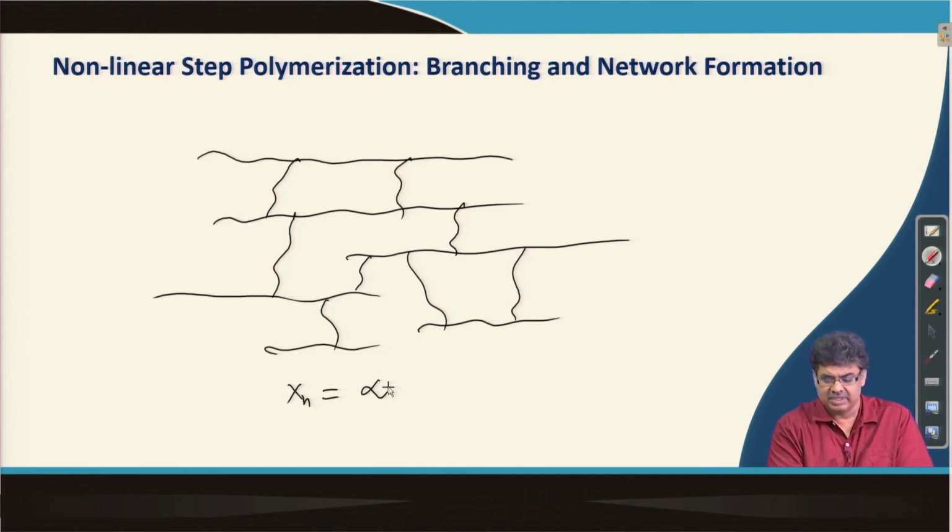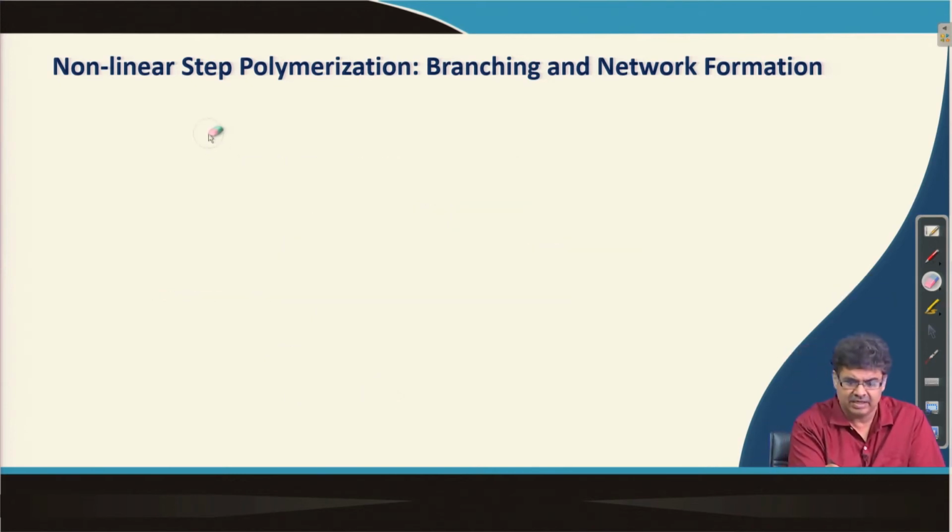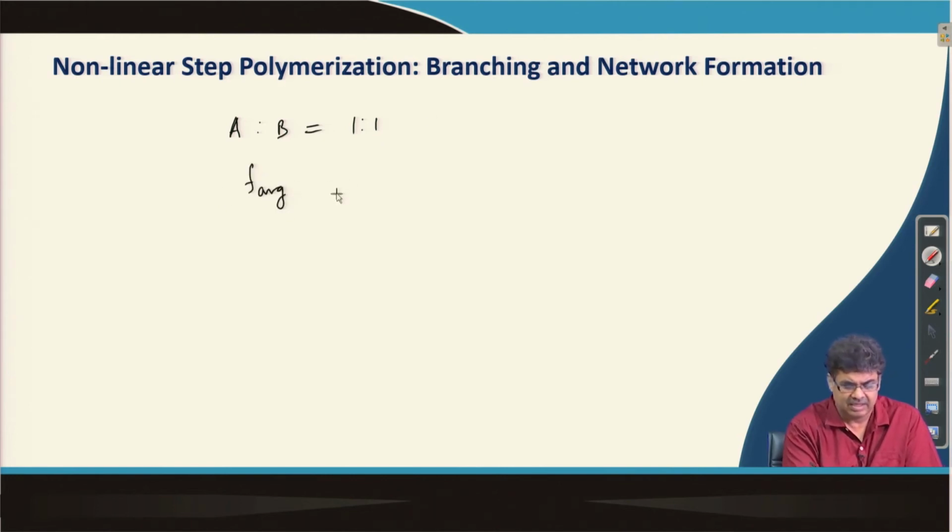Now, if you want to use the Carothers equation to find out at what conversion we will get this value of x_n equal to infinity, we take the simplest scenario, where the ratio of functional groups A and B is 1:1, a molar ratio of course.